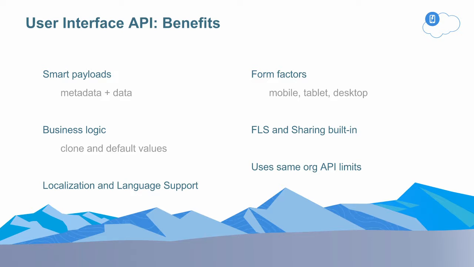So, for example, our API will give you metadata and data. And if you are, for example, fetching a list of fields, our API gives you the ability to constrain it by a layout type, like a full or a compact layout.